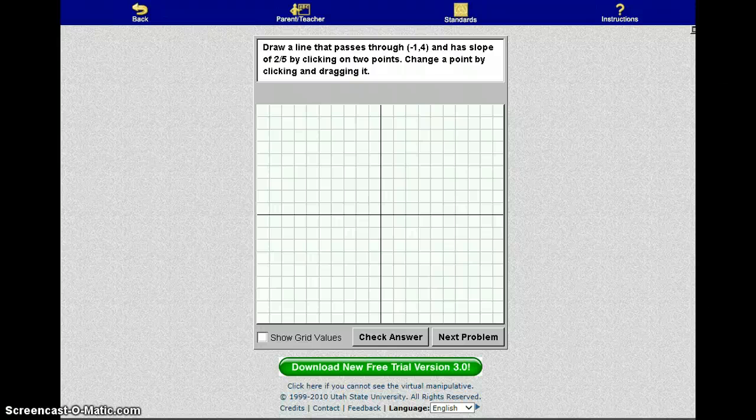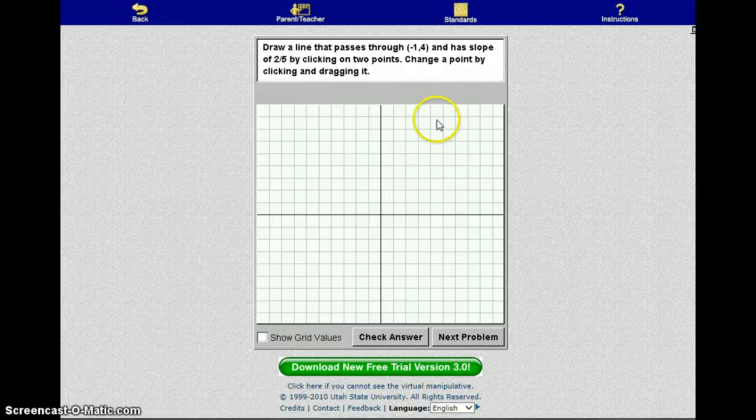There are a bunch of manipulatives available, and you are looking for the line plotter. And by the way, I think it's in the 6 to 12 grade level, or either the 8 to 12.